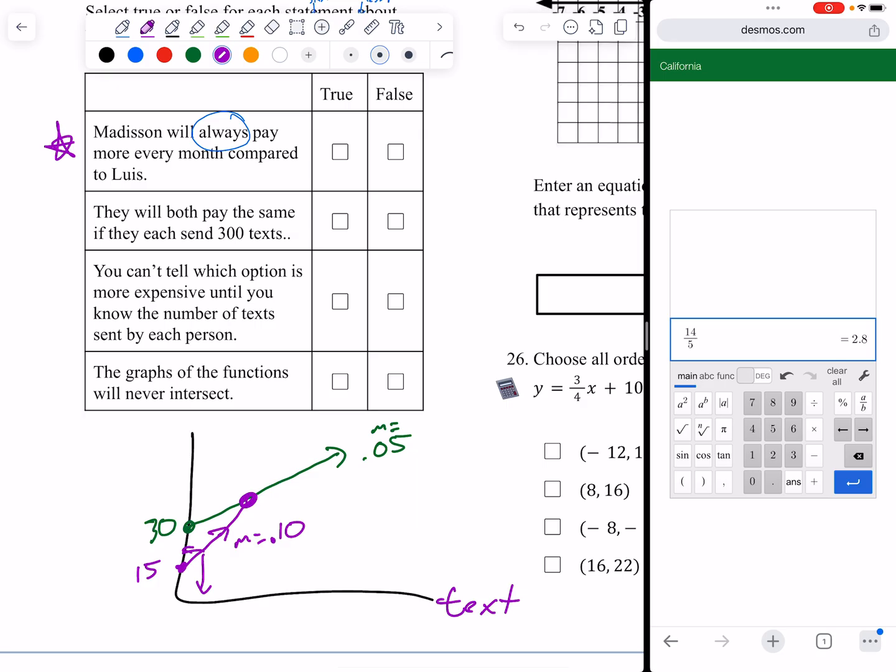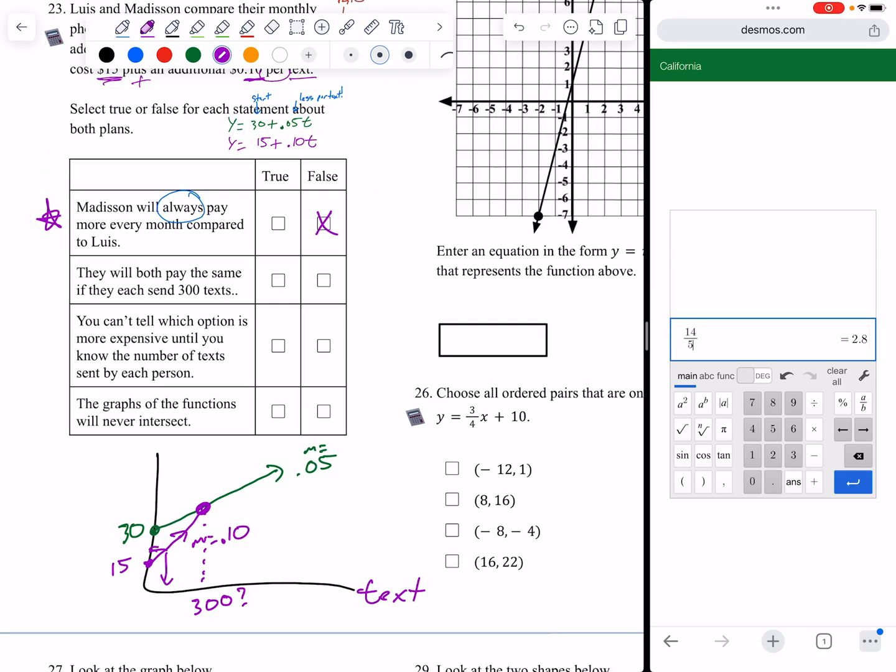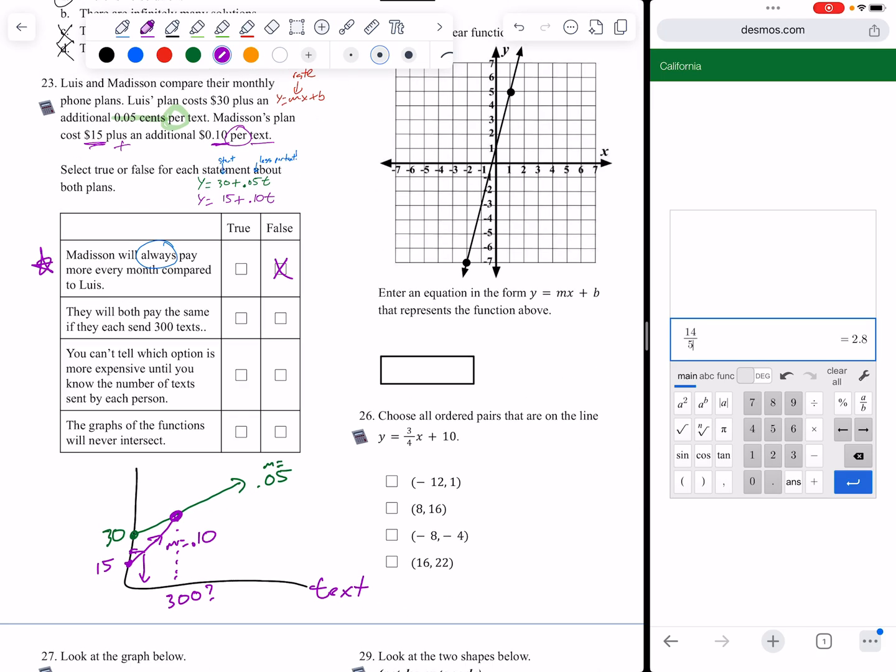All right? So that is false. They will both pay the same if they each send 300 texts. So is that my answer where they intersect? How do I solve that? Oh, I just used up the space, it looks like. Well, let's do it right here. This one's really nice. Actually, let me go ahead and do this.